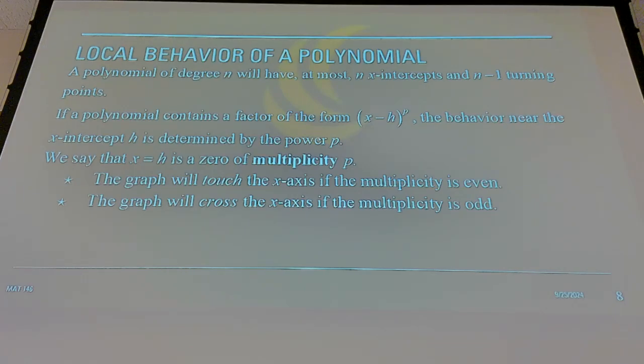Using that first statement: a polynomial of degree n has at most n x-intercepts, which means it has at most n zeros. So what's the restriction on the multiplicities?